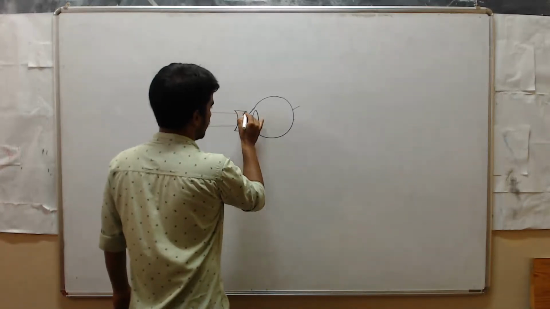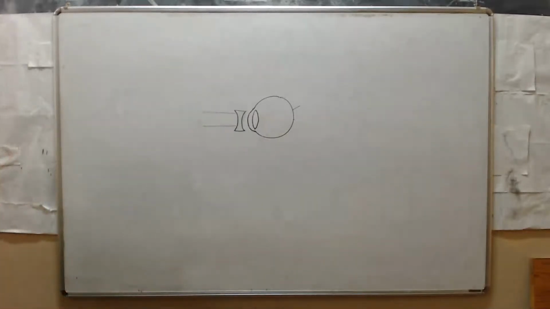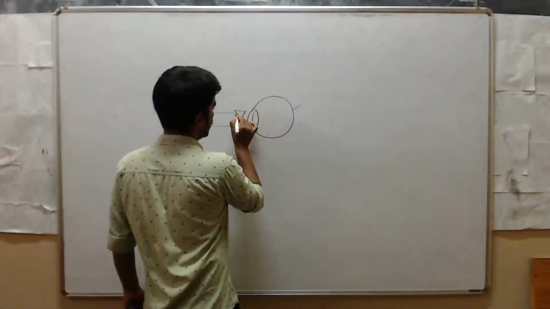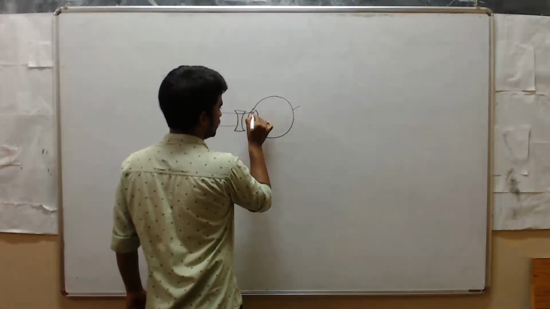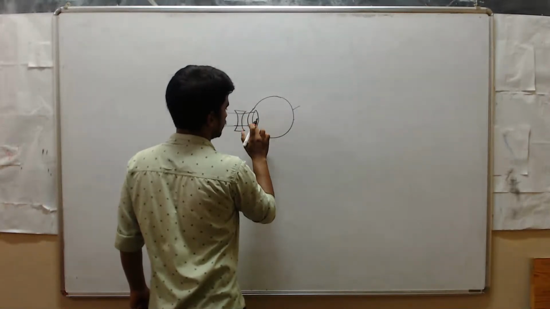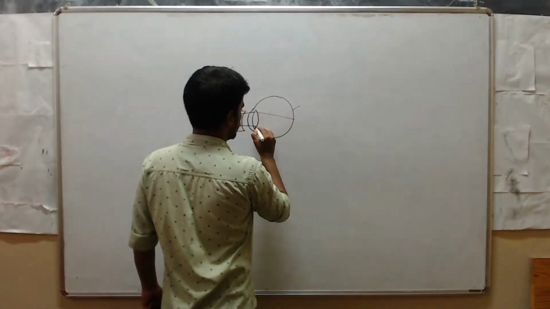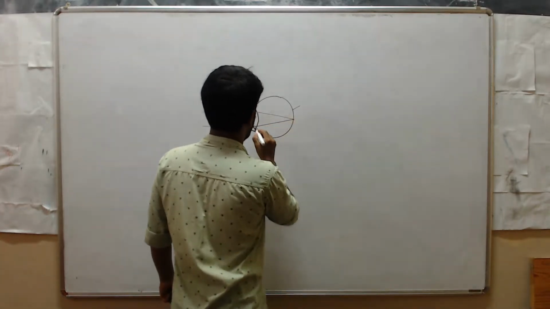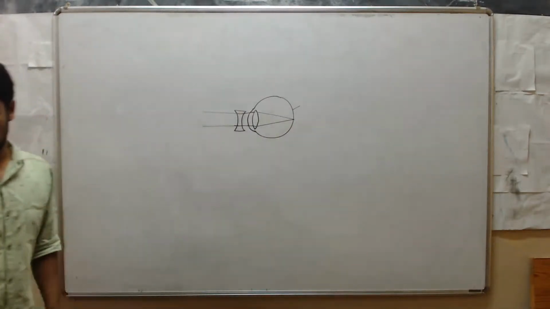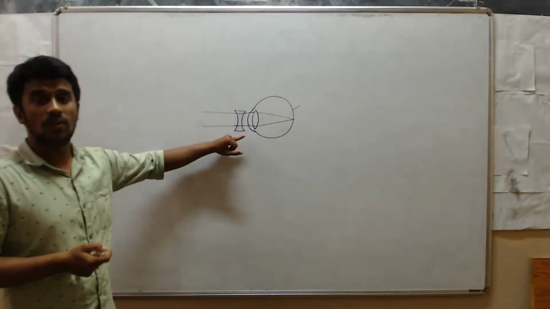All the rays diverge. You have seen this in the light chapter. So the rays diverge like this, and then once again both will converge. So we can correct this myopia defect using a concave lens.